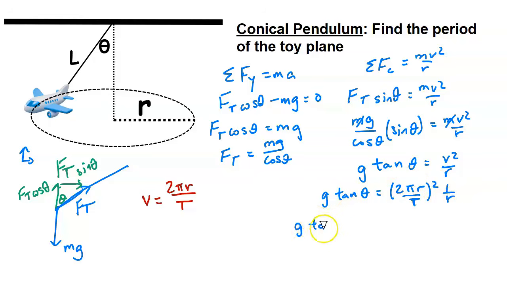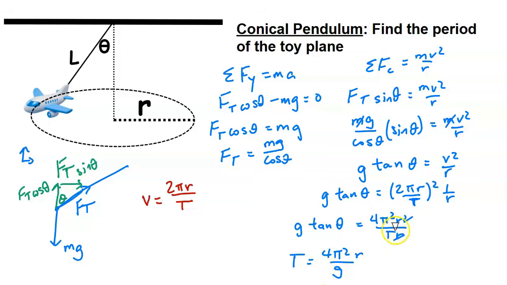So g tan theta equals 4 pi squared r squared over T squared, over r. You'll notice that one of the r's will cancel out. Okay, and what are we looking for? We're looking for T. So if we isolate T squared by itself, we get 4 pi squared r over g tan theta.